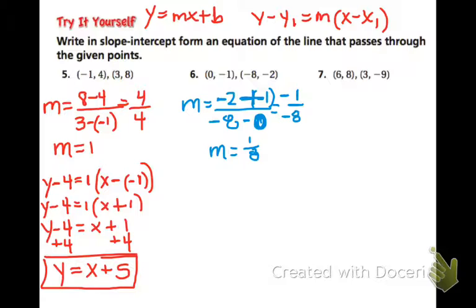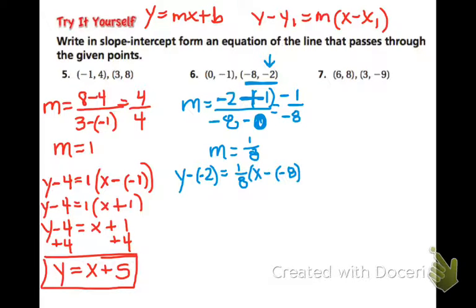Okay, now in this case, maybe this is why I did it. I went ahead and grabbed this point because I know that x is that -8 right there, and I have a fraction. So if I do y minus, and in this case I will use the -2, y minus the -2 will be equal to my +1/8 x minus my -8.